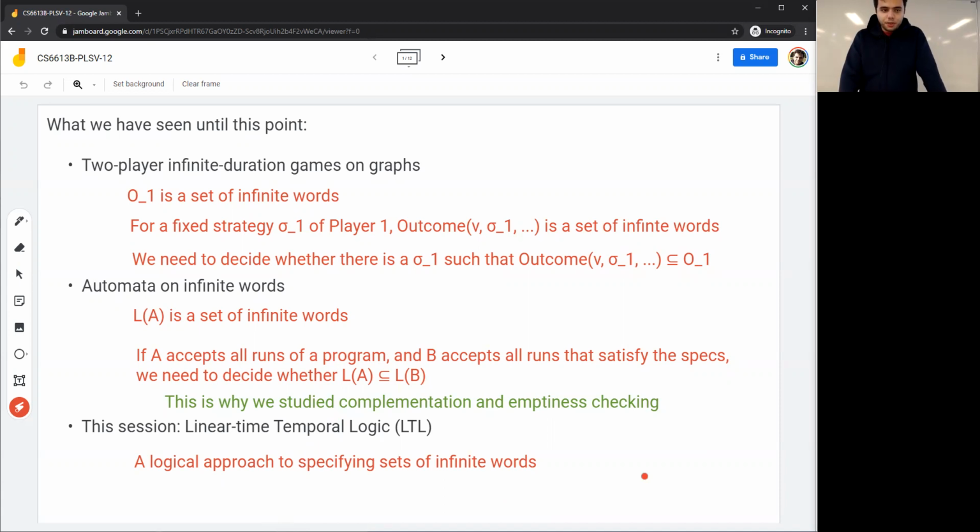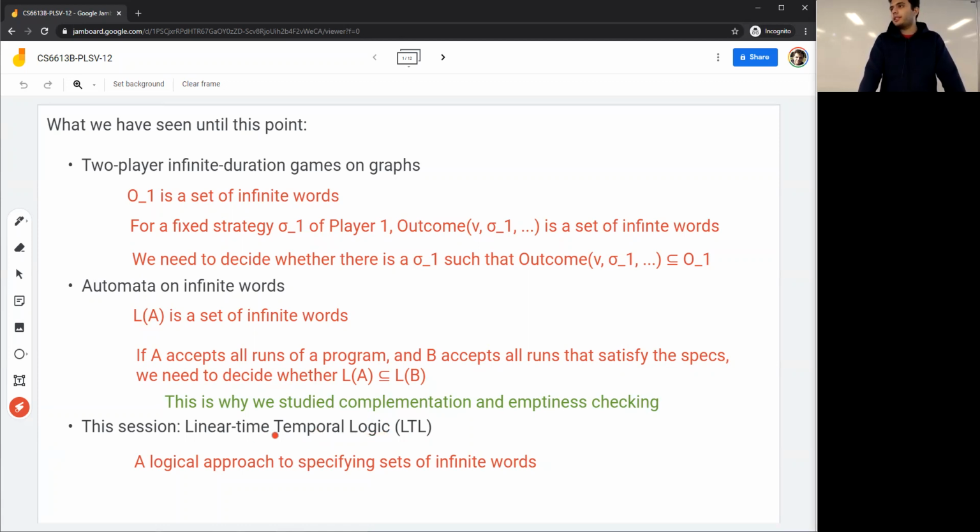So in this session, we're going to look into yet another way of defining and specifying sets of infinite words. And this is the logical approach. The logic that we're going to look at is called LTL, which stands for linear time temporal logic. Let me say a few words about the name. Well, you know what a logic is.